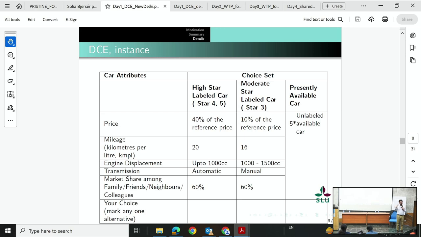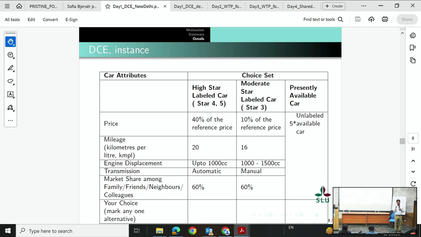So we put everything in rupees, so that when we do the analysis, we can do it in terms of rupees. How many rupees you are willing to pay for this car or this label. That's why we get the reference price, right? You have reference price plus reference price times 10%, or 40%. That is one important clarification.